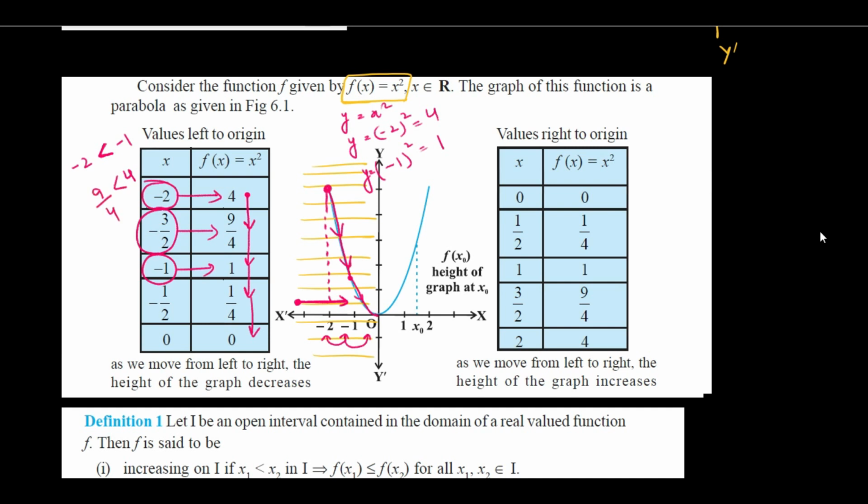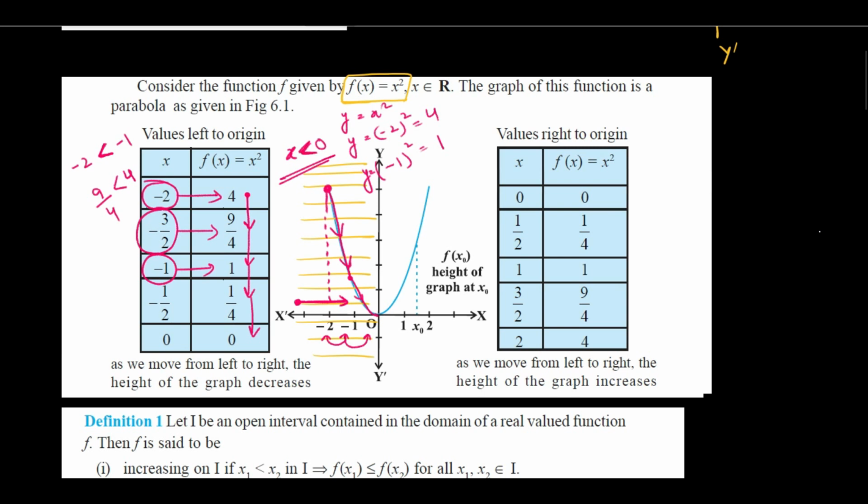As we are moving from left to right, the height of the graph is continuously decreasing. The function is said to be decreasing for real numbers x less than 0. The function is continuously decreasing, so we can say the function is decreasing for x less than 0.